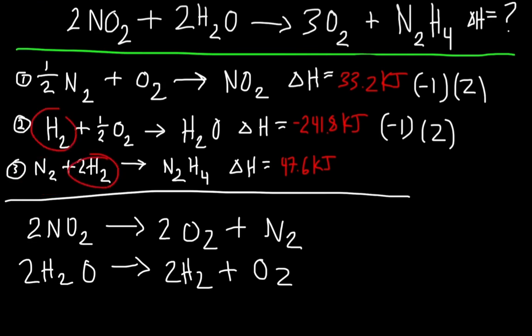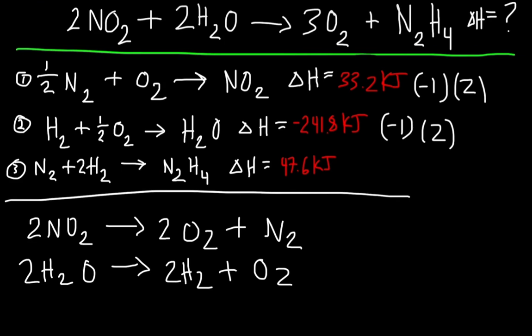And same with hydrogen, found in step 2, so we can't use that. But however, N2H4 is found nowhere else, so this is unique and we can use that. And notice that this is on the product side, and same with the original equation, it's also on the product side. And if you look at the coefficient, they're just both 1 and 1, so they're the same.